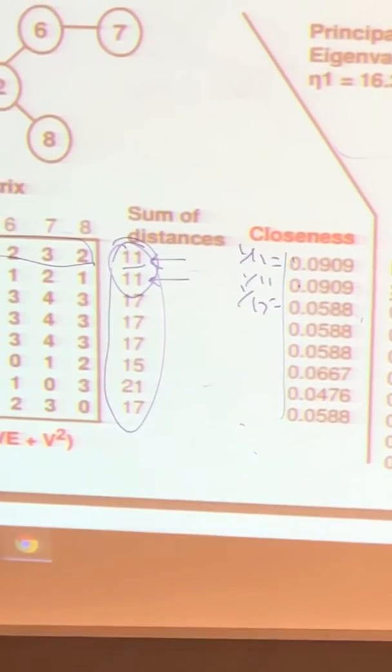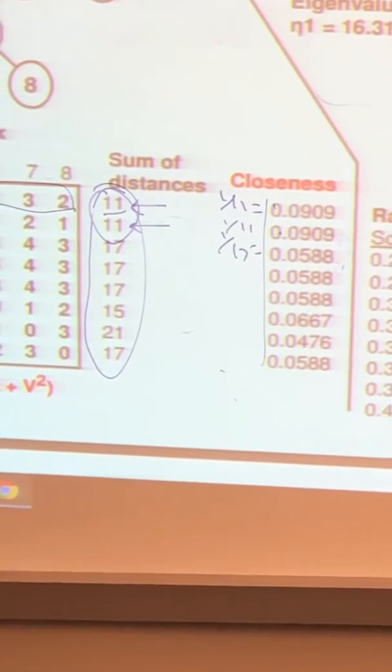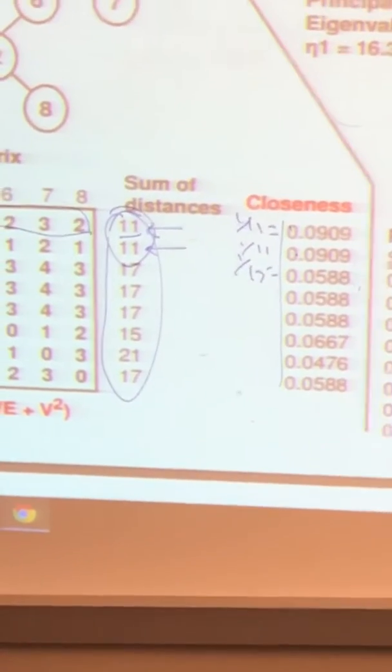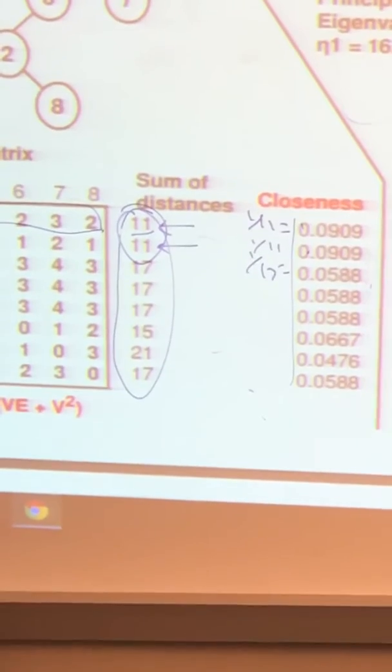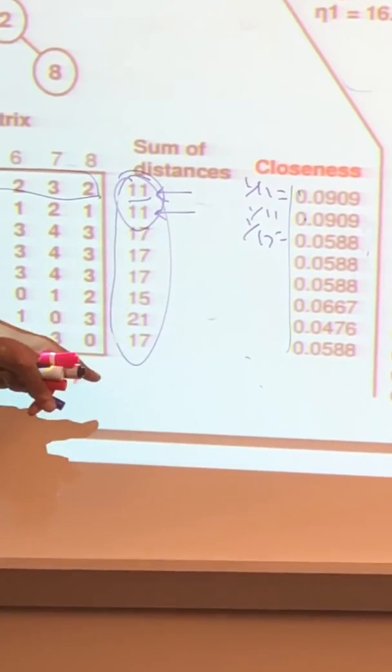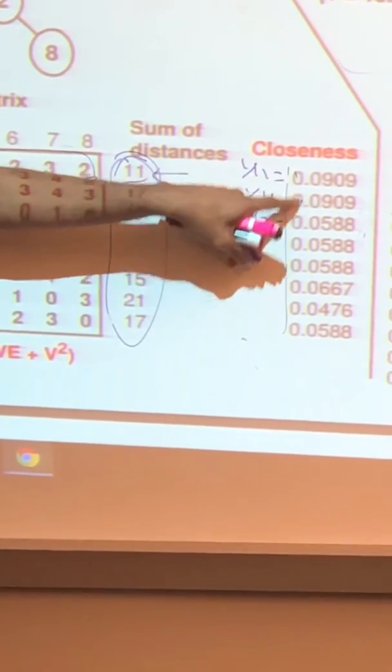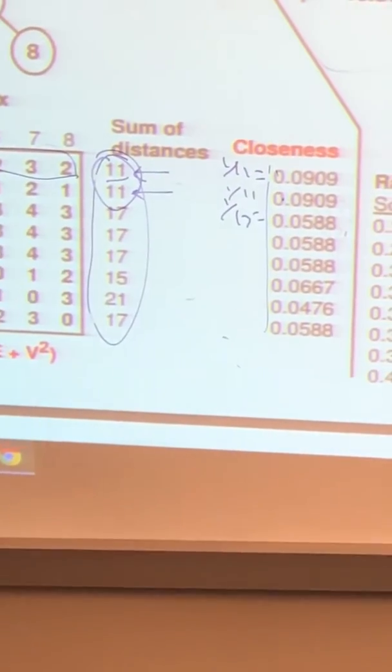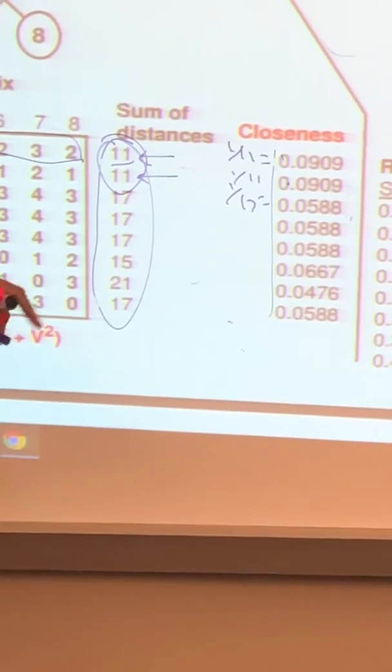Just to maintain that convention, because for degree and eigenvector centrality, that's what we follow: the larger the centrality value, the more important the vertex. So when you take the inverse of the sum of the distances, we maintain that. You see here, vertex 7 has the sum of the distances as 21.